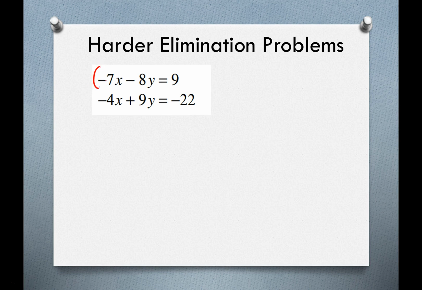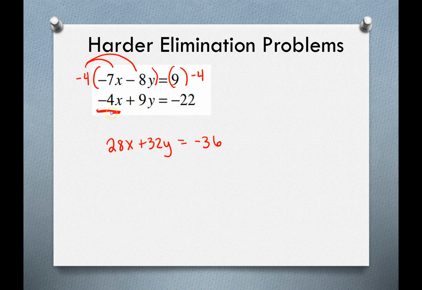So in this case, I'm going to multiply this by a negative 4, or you could say a 4, doesn't matter, but let's try negative 4. So that's going to give me a 28x, and then a 32y, and then I get a negative 36. Okay, well, what am I going to have to multiply the bottom by?